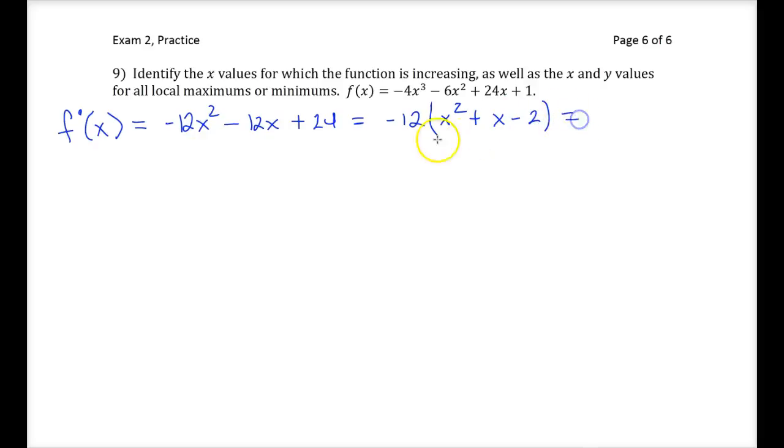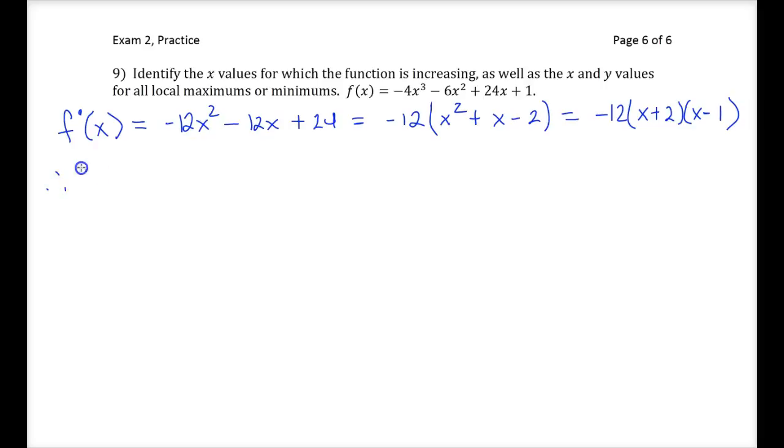And of course, if I factored this quadratic expression, that would factor to x plus, x minus, and I would probably put the 2 here, the 1 there. And that checks out. Yep. So that's what this would factor into.